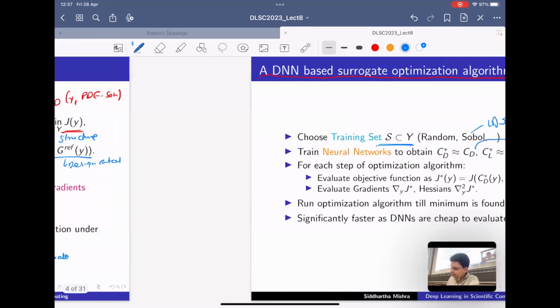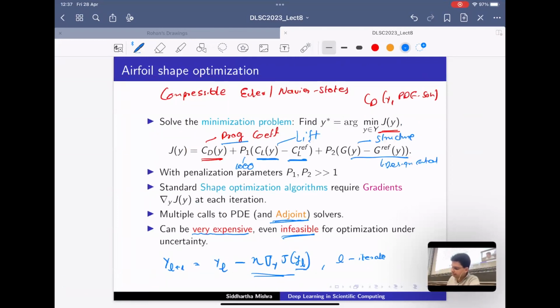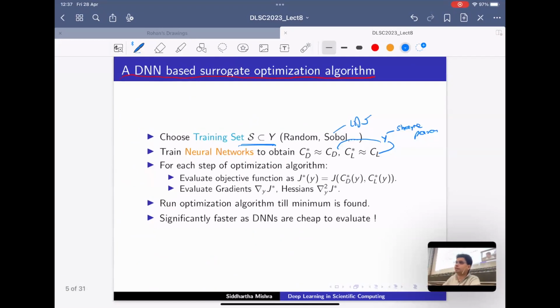And then, because these are neural networks, they're completely differentiable, I can just replace everything by the neural network. So just replace the drag and the lift with the ones computed with the neural network, and I can compute whatever I want. The gradients, because it is completely differentiable, right? So neural networks are differentiable, Hessians, second derivatives, whatever.